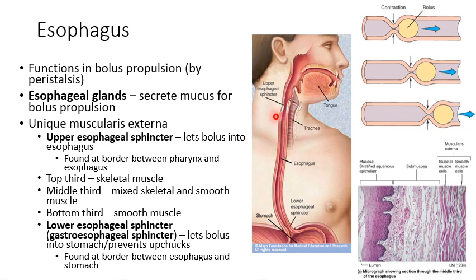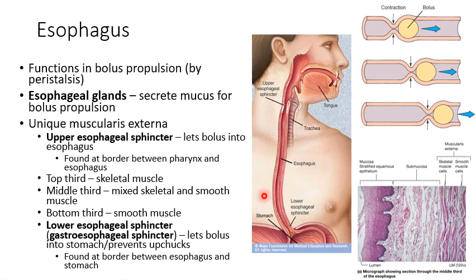Then the muscle in the muscularis externa in the top third of the esophagus is actually skeletal muscle, not smooth muscle, which means that the way that the nervous system controls it is different. Then the middle third has a mix between skeletal muscle and smooth muscle, and by the time you get to the bottom third, it's all smooth muscle.